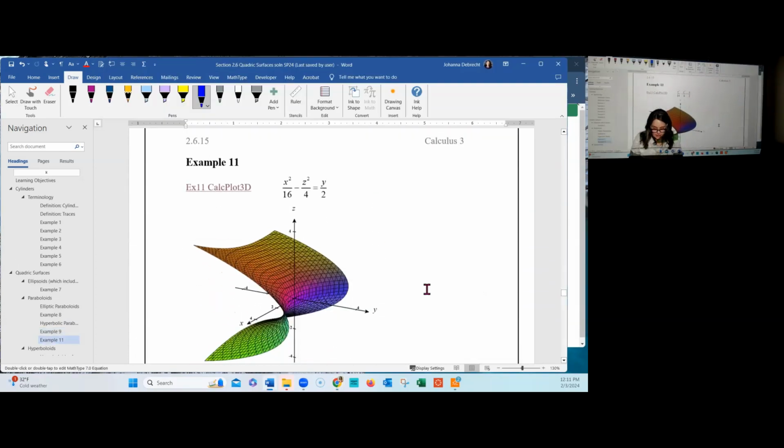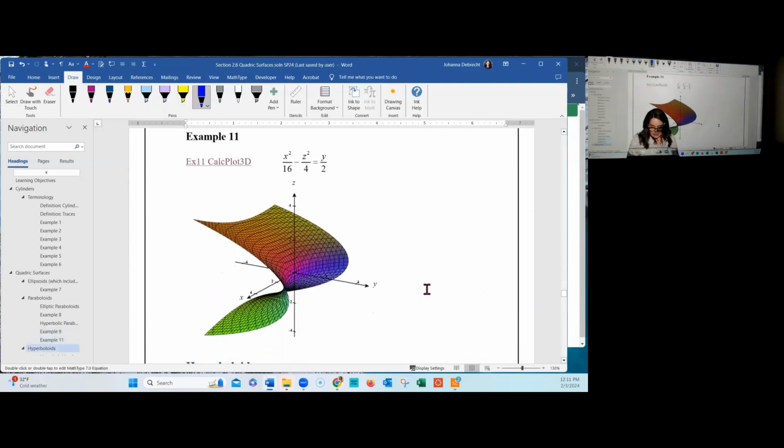Let's take a look at example 11. In example 11, you can tell that this is a hyperbolic paraboloid. It's sort of been turned on its side if you would consider z to be up. This is x squared minus z squared equals y over 2.